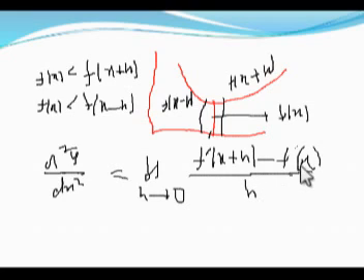Here you know that the first derivative must be equal to 0, as we know the condition that for minimum or maximum this must be equal to 0. But here both f of x plus h and f of x minus h are greater than f of x. So the first derivatives of these functions are also greater than the first derivative at x. So this is 0 and these are greater than this.